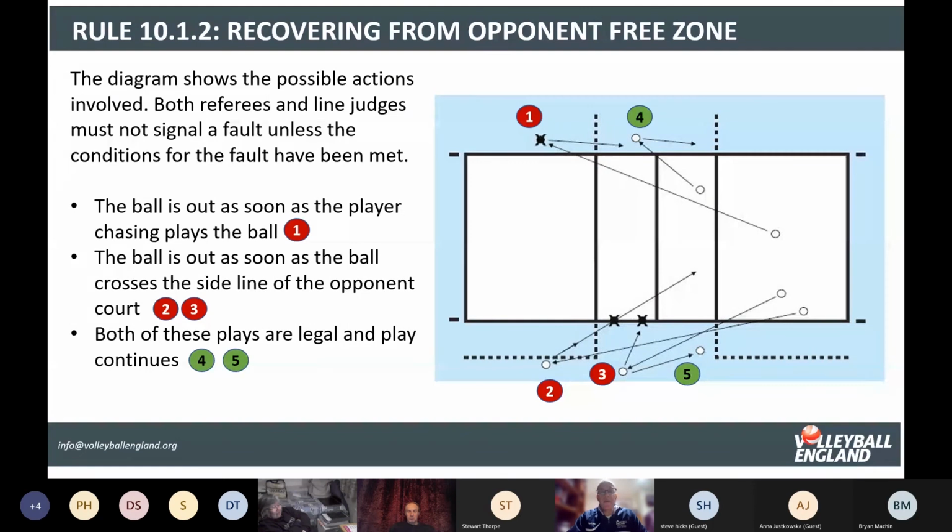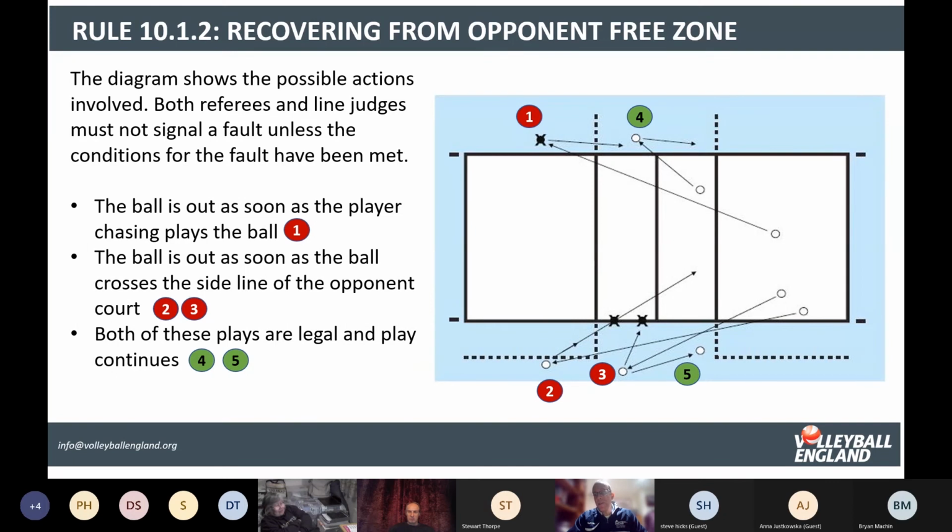A player has chased it, you assume by not touching the opponent court, into the opponent's free zone, and that ball becomes out as soon as the chasing player contacts the ball, because it's a ball that cannot be chased. It's gone through the crossing space. It would be out if it was not played again. So in that case, that is out as soon as the player touches it.